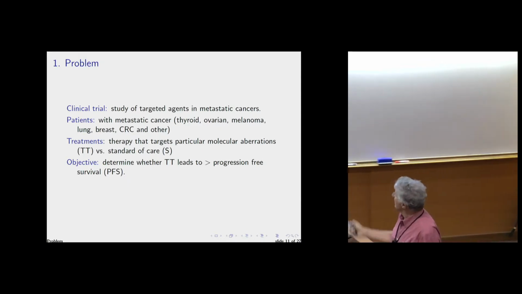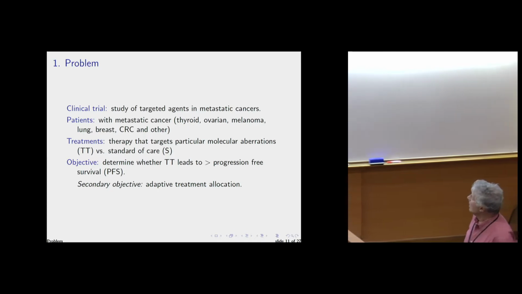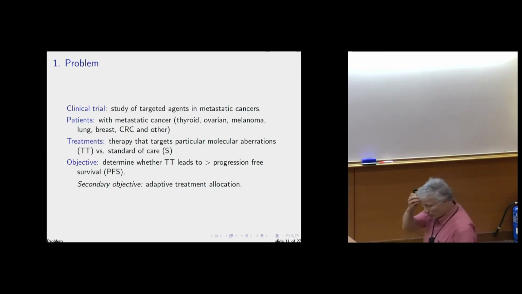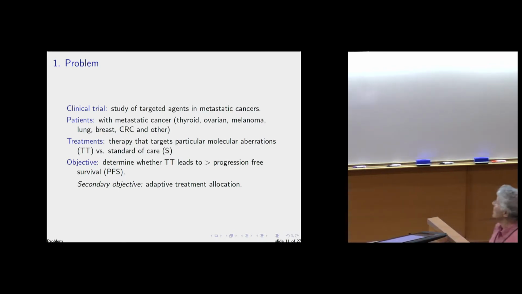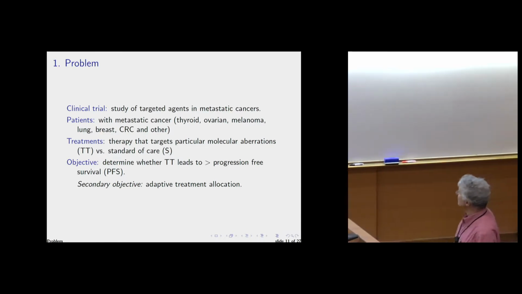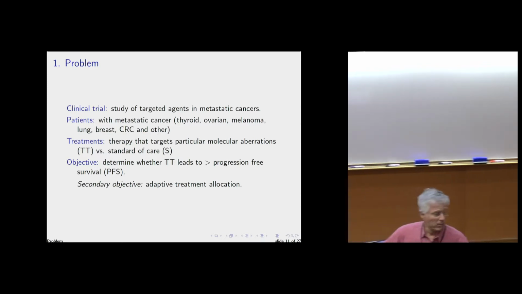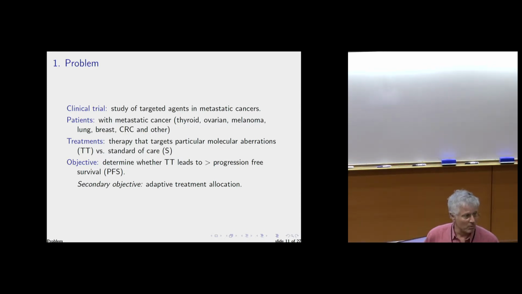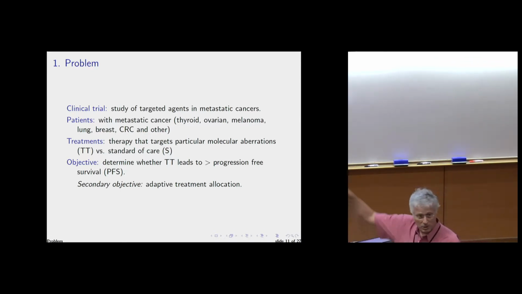So the primary aim is to determine whether targeted therapy works, yes or no. But what we want to focus on in the remaining few slides is a secondary question, namely we want to do adaptive treatment allocation, and in particular we want to find a subset of patients who might best benefit from targeted therapy. The answer to the second question is like the picture that we saw on the title slide.